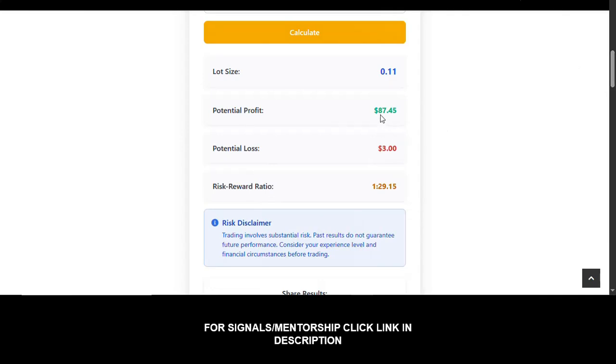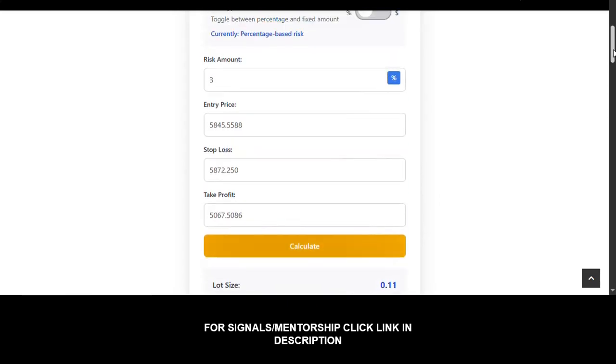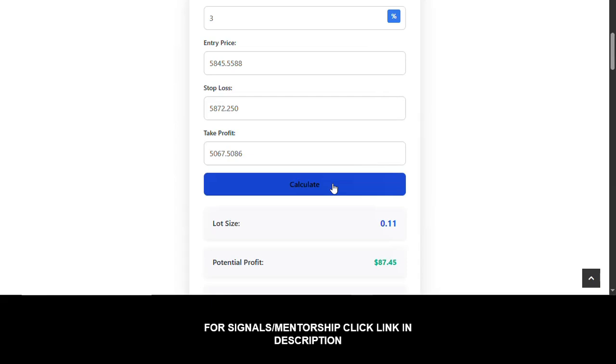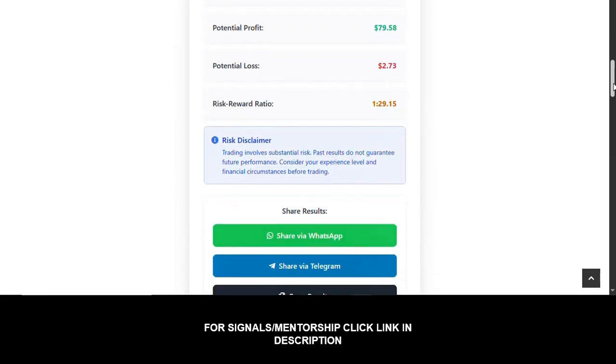But let's just say maybe things were not that perfect. Maybe you even lost like 3 trades in a row, so meaning you only have like $91. That $91 was still going to get you 79.58.